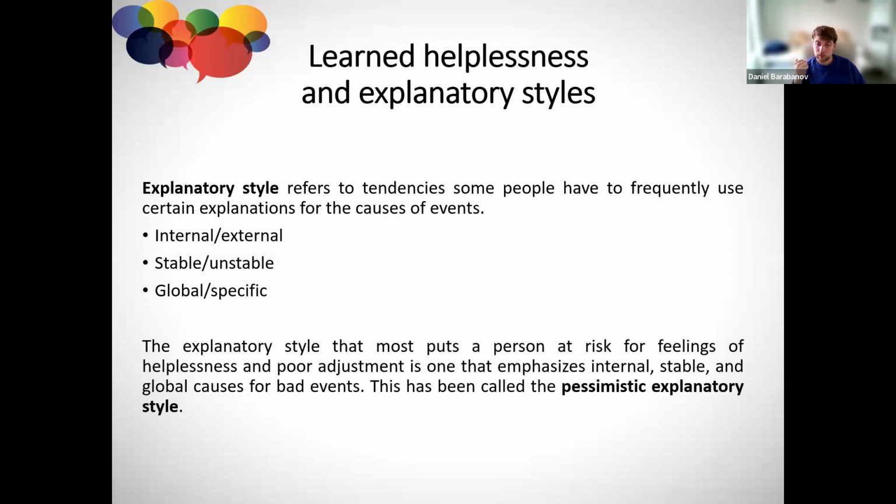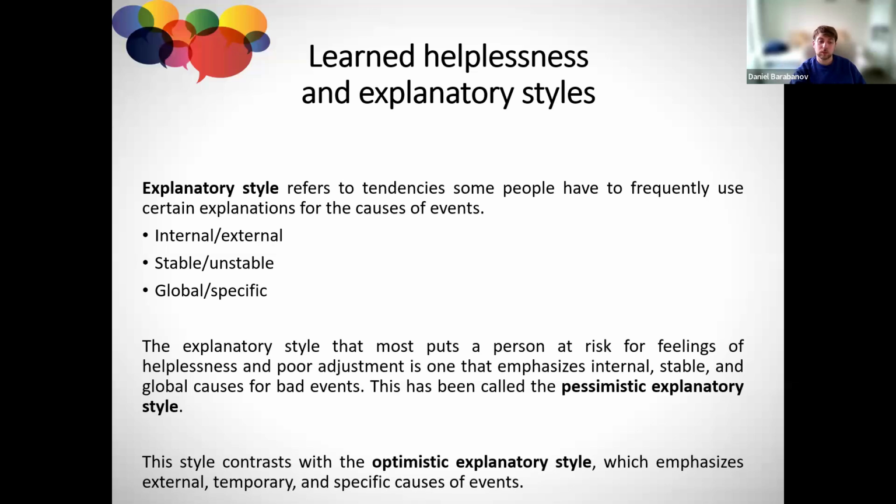If you explain everything in this style, it's quite depressive. That's why it's called pessimistic explanatory style, and it leads to learned helplessness. The opposite is the so-called optimistic explanatory style, which emphasizes external, temporary, and specific causes for bad events, right? Yes, something bad happened, but it was just bad luck.